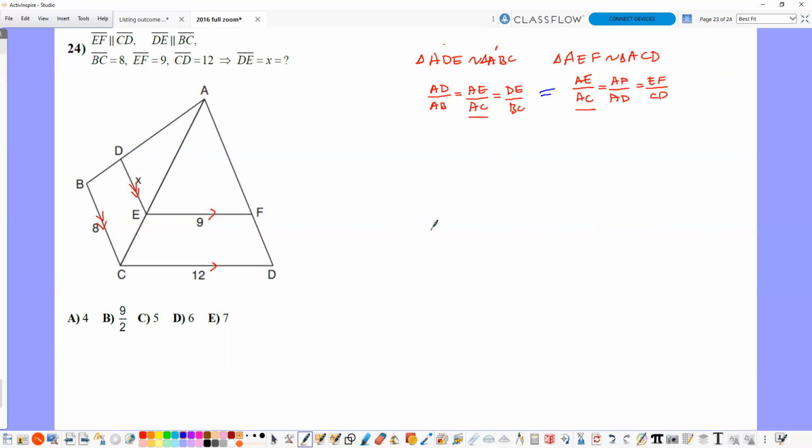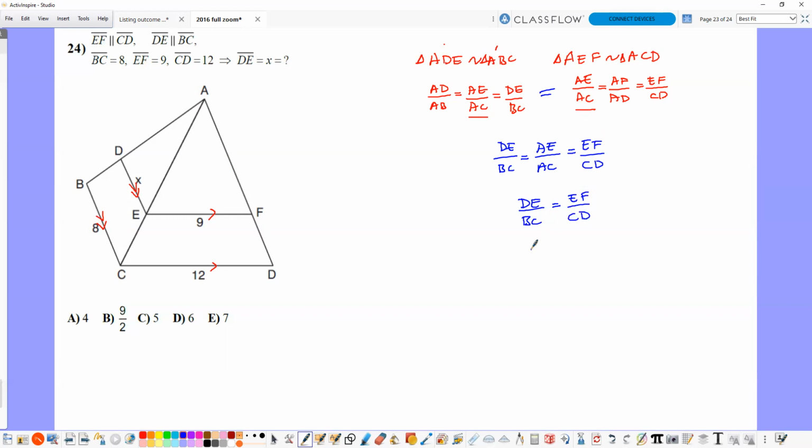So DE over BC is equal to AE over AC, and AE over AC is equal to EF over CD, which means that DE over BC is equal to EF over CD.